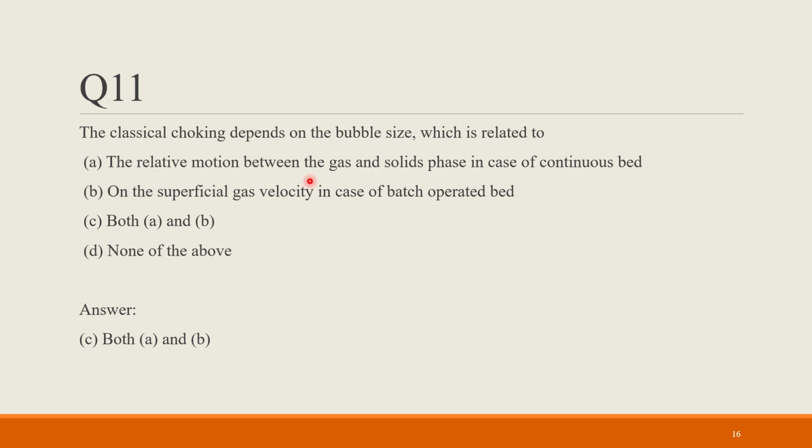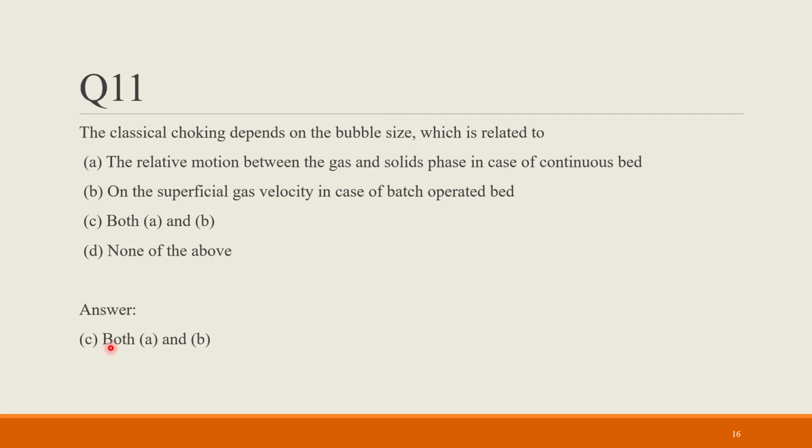The next one is blower or standpipe induced, where the choking results from instabilities due to the gas blower or conveyor interactions, where there is insufficient pressure or too limited solids capacity to provide the needed solids flow. And type C is the classical choking, which is due to severe slugging. It happens due to relative motion between gas and solid phase in the continuous bed, as well as the superficial gas velocity in case of batch operated bed. So the answer is option C, that is both A and B.